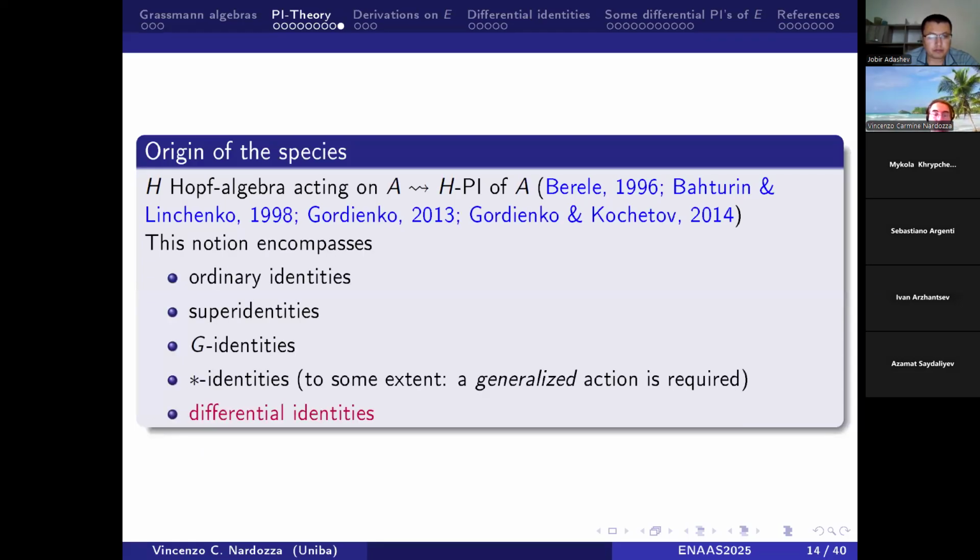And this notion encompasses all these kinds of polynomial identities related to additional structures of an associative algebra. Among them, there are also the differential identities.